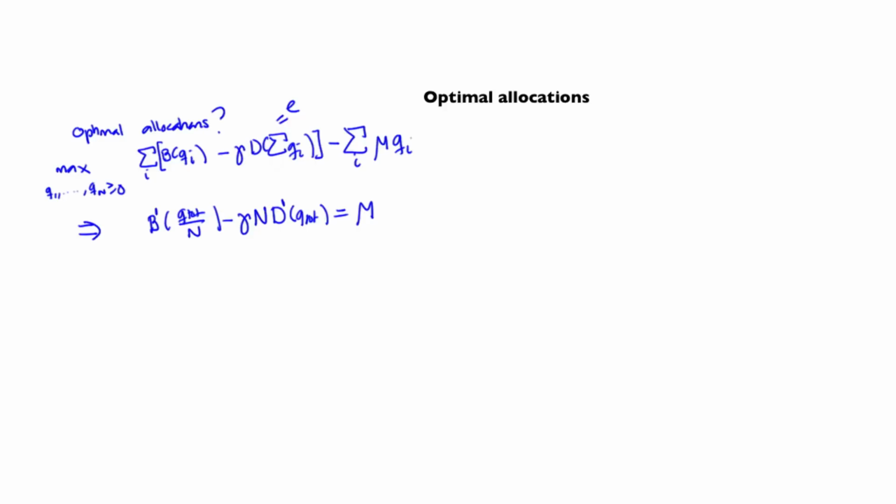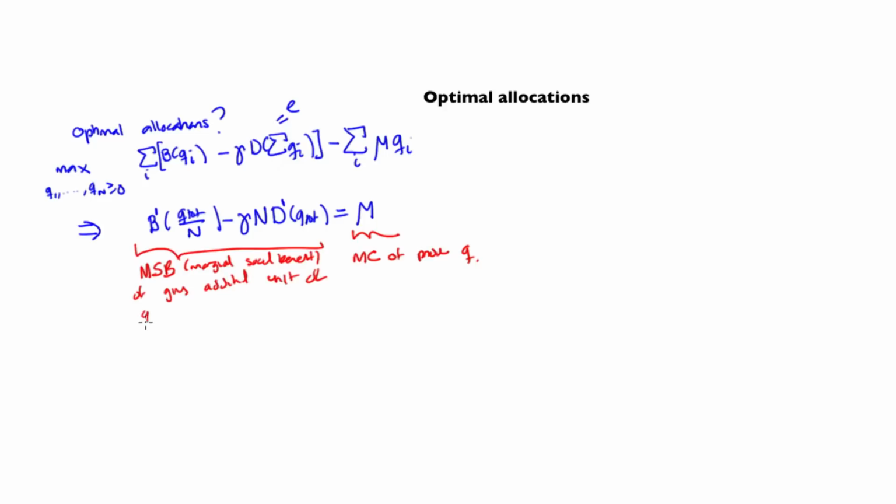But basically, one important intuition here is that this is the marginal cost of producing Q, and that this is the marginal benefit. Let me be precise. This is the marginal social benefit, which I'm going to denote by MSB, of giving an additional unit of Q to anyone.